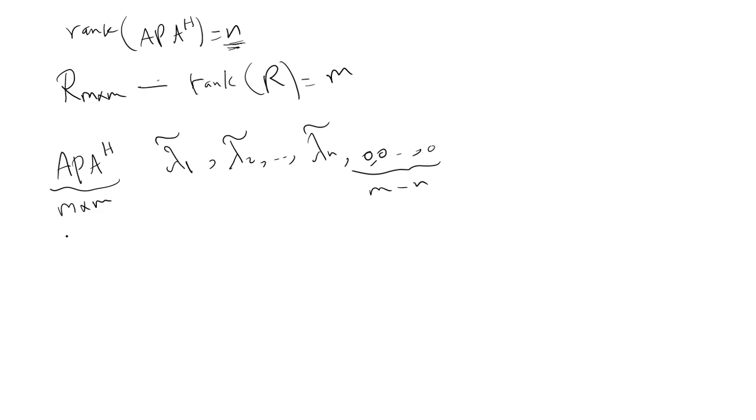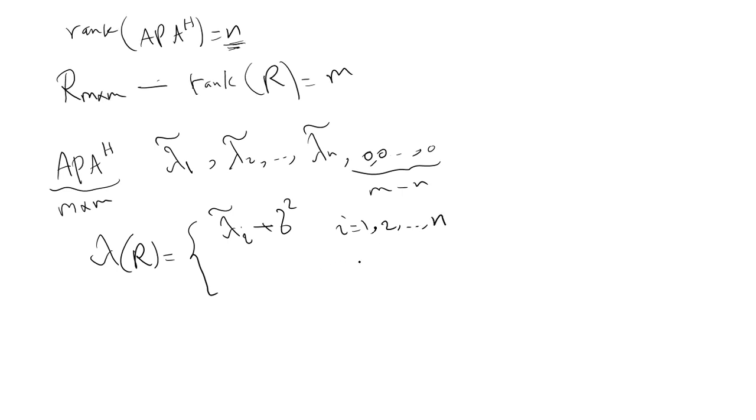So let's consider the eigenvalues of R. Lambda i of R equals lambda i tilde plus sigma squared, for i equals 1, 2, until N. But for i equals N plus 1 until M, we have 0 plus sigma squared, so they are only sigma squared.